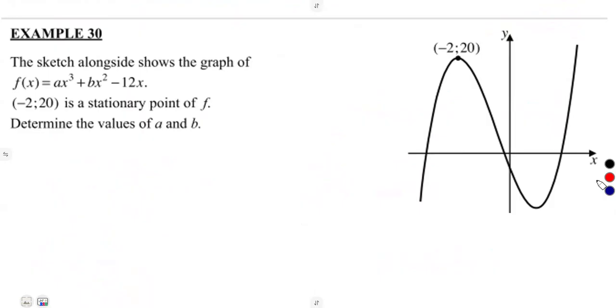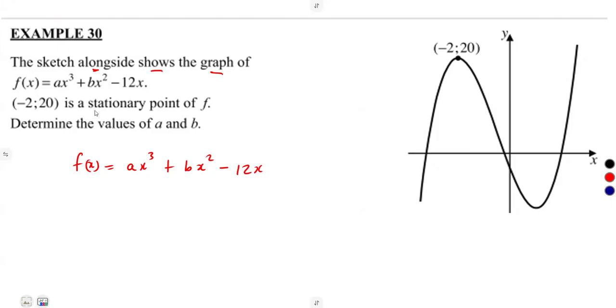Like I said, it is not always a direct approach to the question. Sometimes they just need you to play around with the information. You are given a sketch. The sketch alongside shows the graph of f of x, and our f of x is given as ax cubed plus bx squared minus 12x.